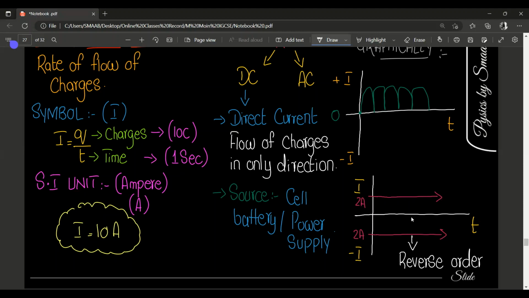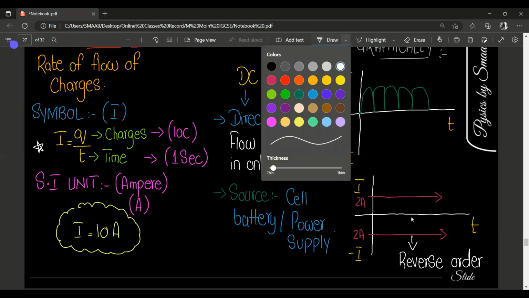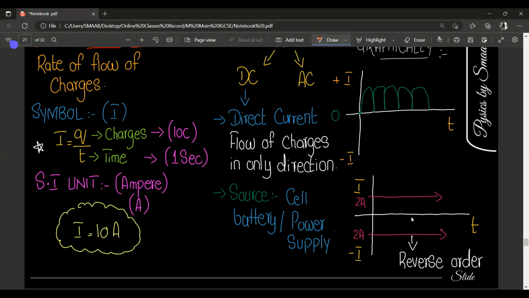Because there is a relation between electric current, charge and time. So if two quantities are mentioned there, the third quantity can be calculated with the help of this graph, right? Let's suppose there is a value of time over here, suppose 5 seconds, right?